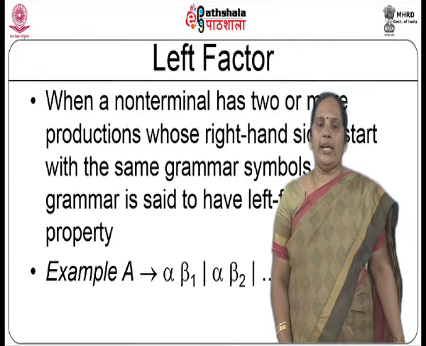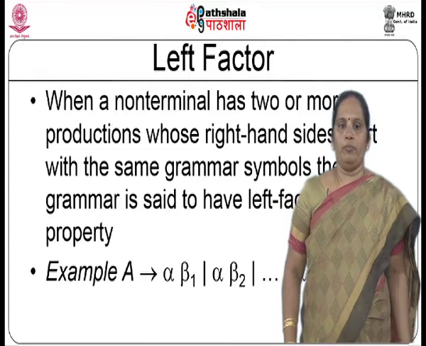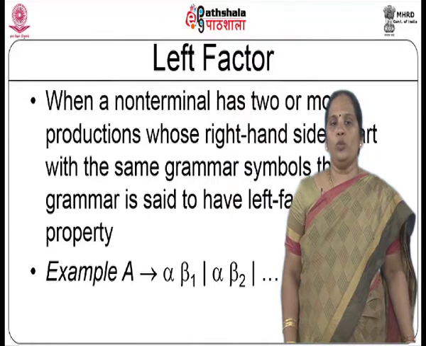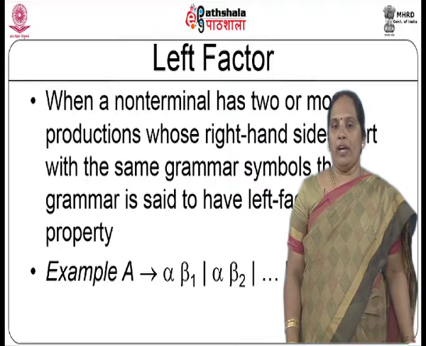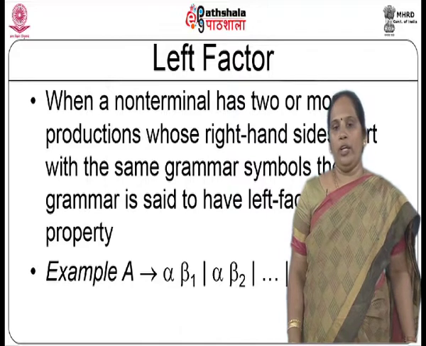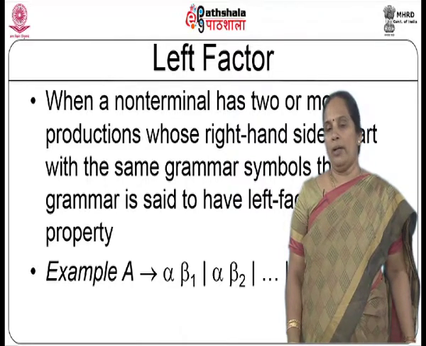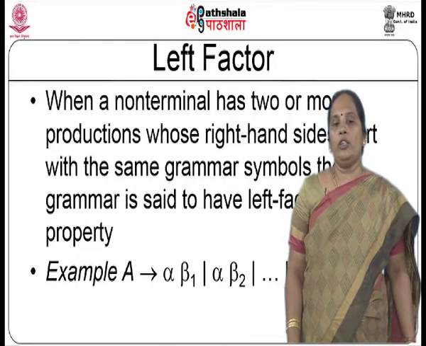Now, when will I say a grammar has left factor problem? Okay. When a non-terminal has 2 or more productions whose right hand side start with the same grammar symbol, the grammar is said to have left factor property. Example, A produces alpha beta 1 or alpha beta 2 etc. up to alpha beta n or gamma. That is, for all these productions other than gamma, alpha is your prefix.